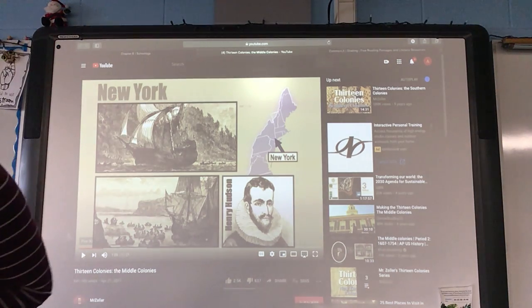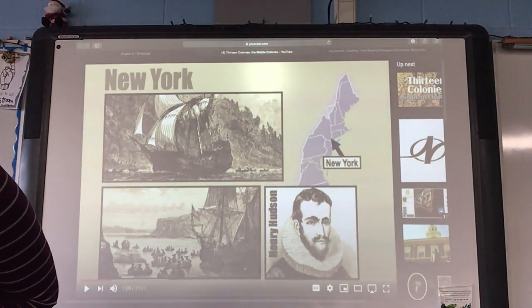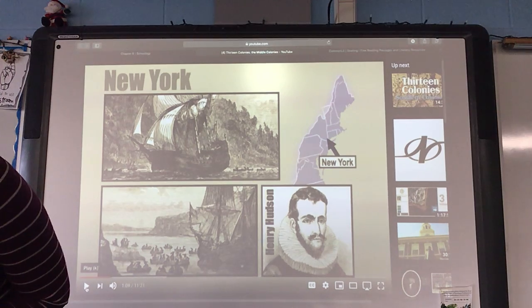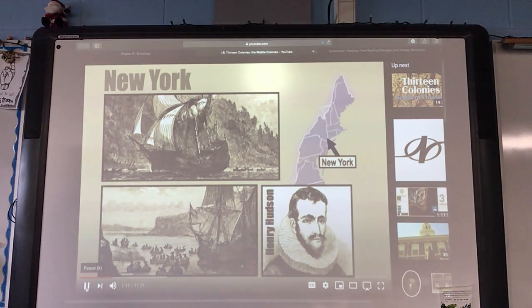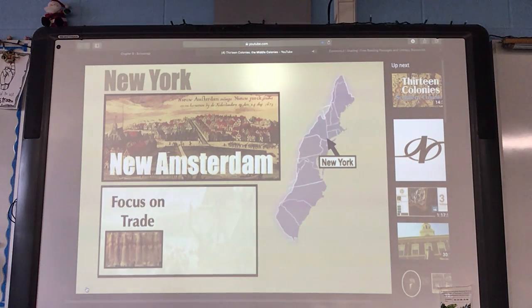Furs and pelts. And this trading post is going to become the city of New Amsterdam. Now, in New Amsterdam, everyone was focused on economics, and that led to some pretty interesting unintended consequences.